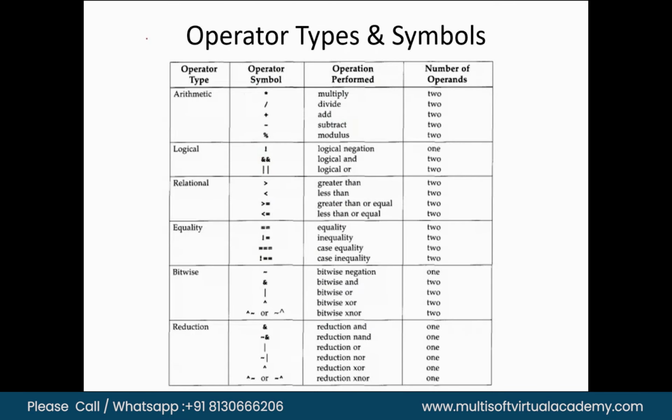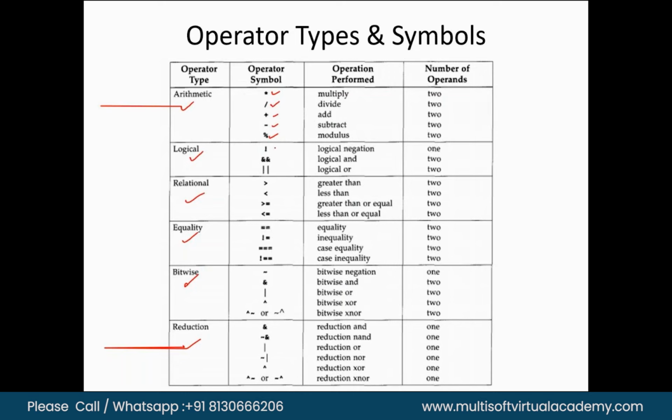Before that, I will go over the operators. These are the different types of operators. We have arithmetic, logical, relational, equality, bitwise, reduction, and more. The arithmetic operators are multiplication, division, addition, subtraction, modulus.